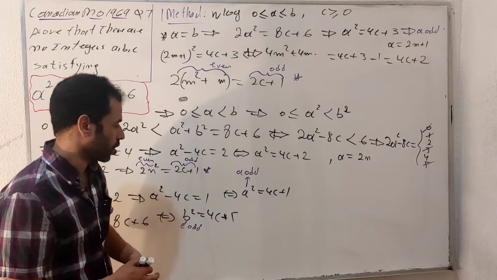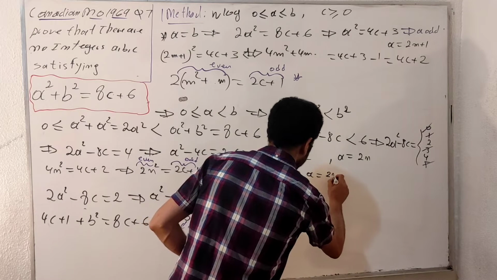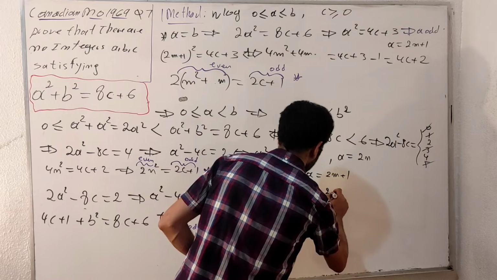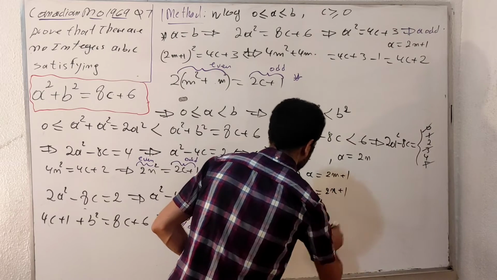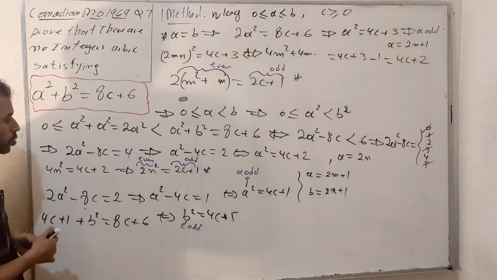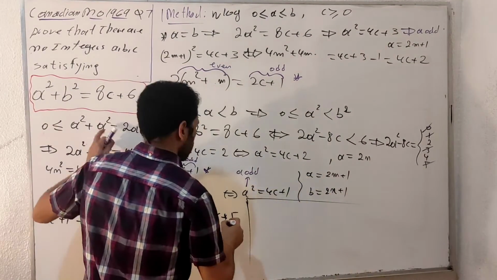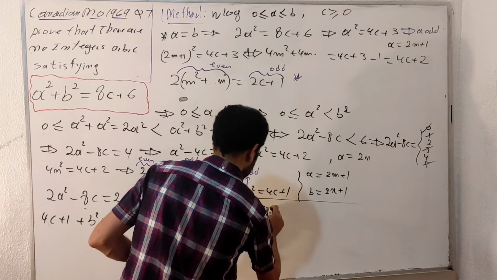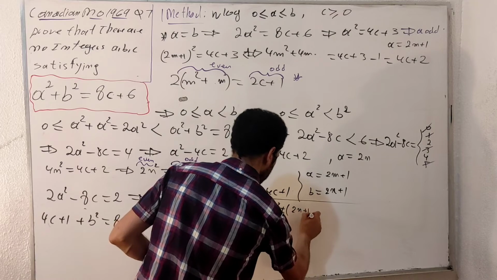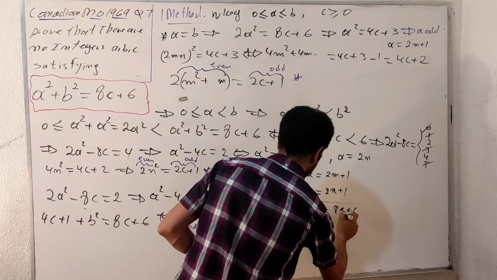Since a and b are odd, I'm going to write them as a equals 2m plus number 1 and b as 2n plus number 1. Okay, I'm going to take both values and insert them into the original equation to see what it gives us, okay? So we'll have 2m plus number 1 quantity squared plus 2n plus number 1 quantity squared equals 8c plus number 6, okay?